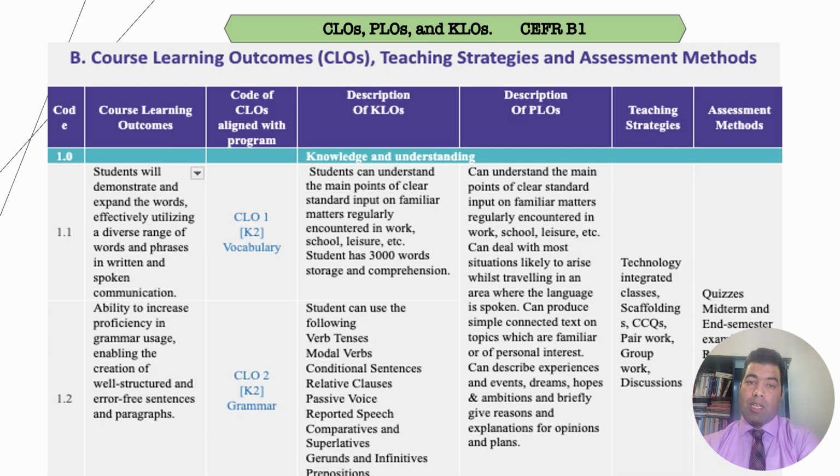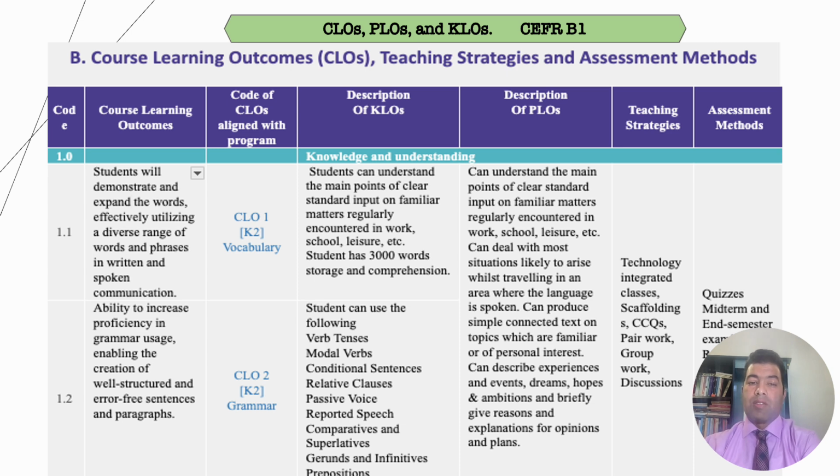Then how CLOs, PLOs, and KLOs are aligned. For example, this is an example from CEFR B1 level students, foundation year English students. The course learning outcome for the first one is vocabulary: the student will demonstrate and expand the word effectively for its word level.